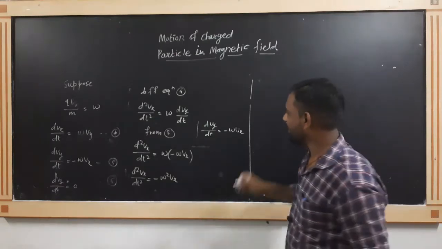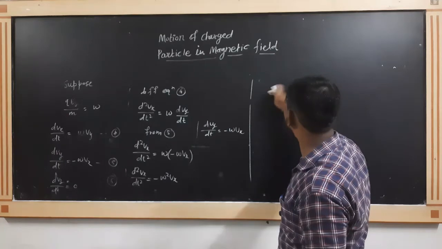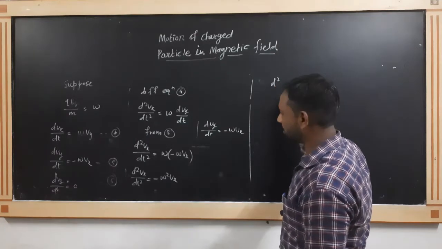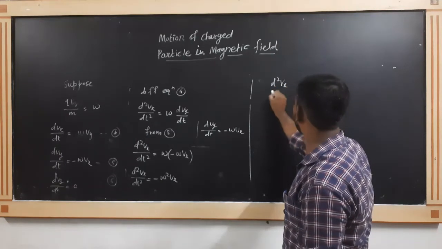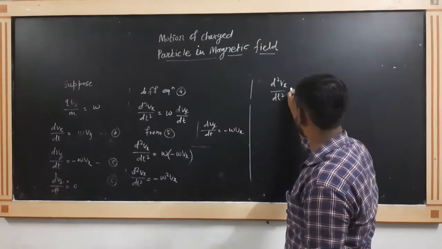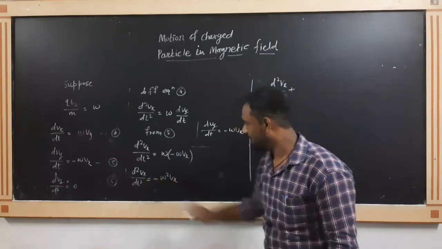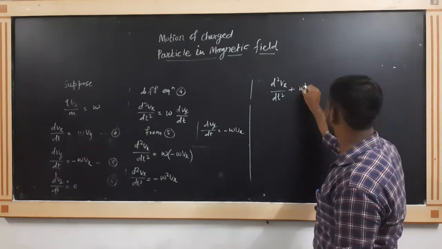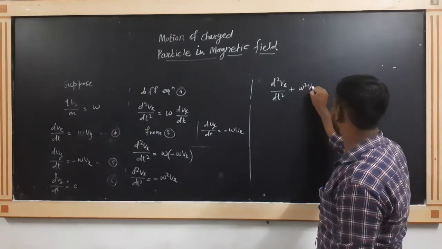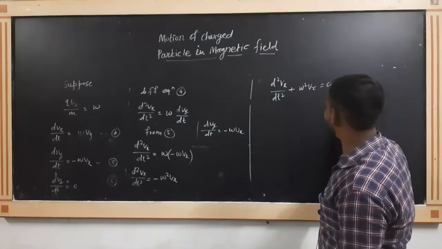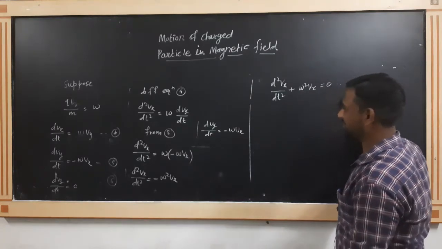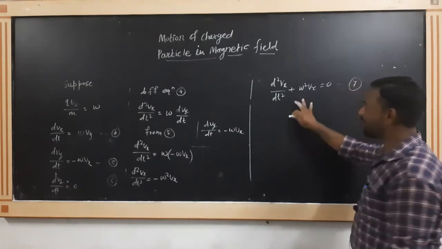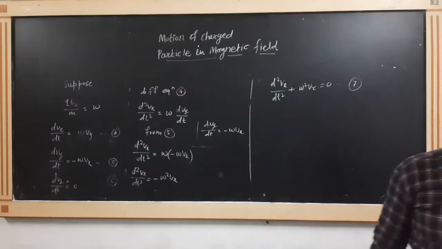So rewriting this equation, moving the omega square vx term from this side to the other side, d2 vx by dt square plus omega square vx equals 0. Let's say this is equation number 7. This is a very famous differential equation.